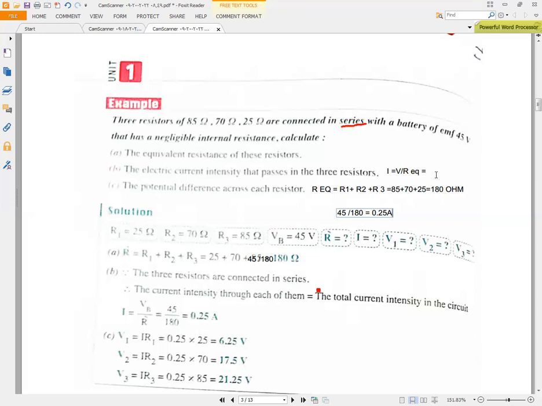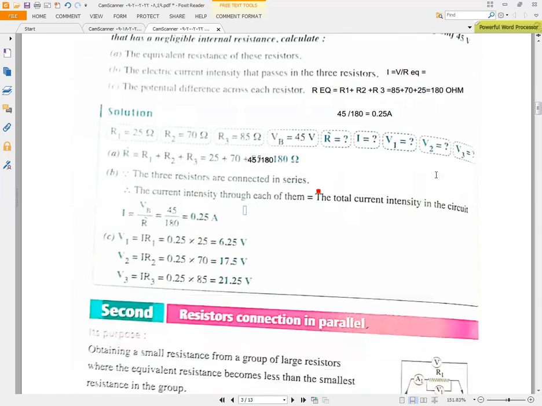If you want to calculate the total voltage of the circuit, V1 plus V2 plus V3, it must equal 45 volt when the internal resistance of the battery equals 0.